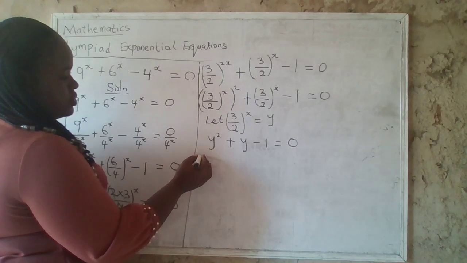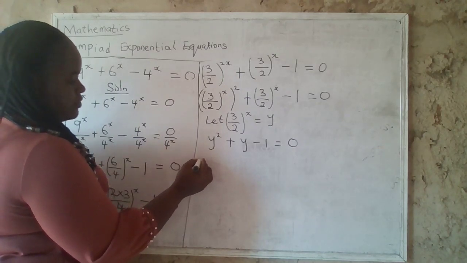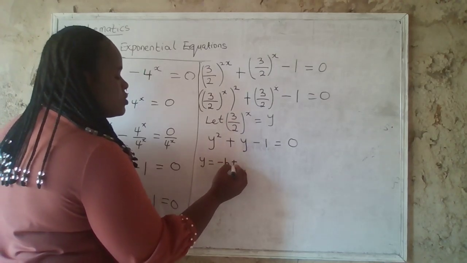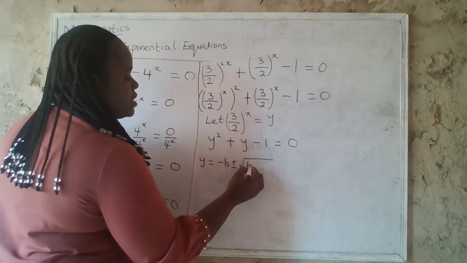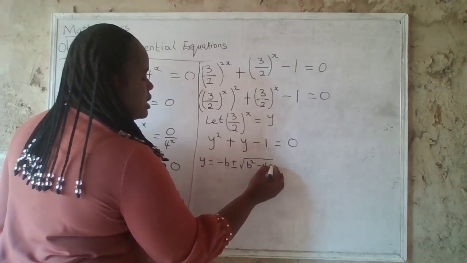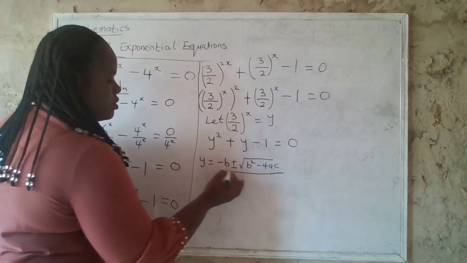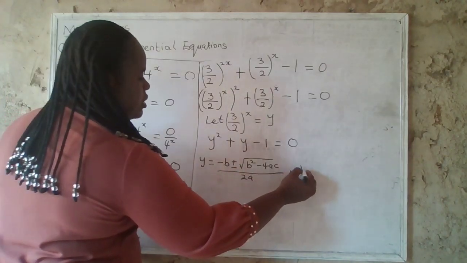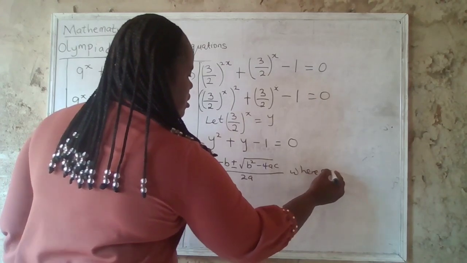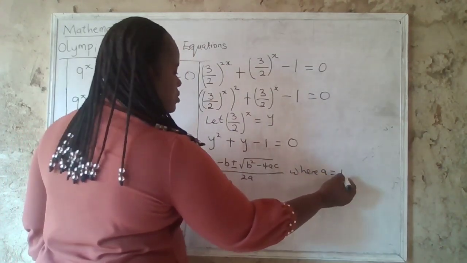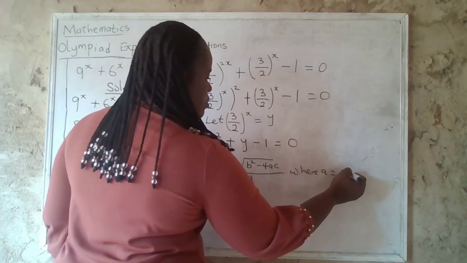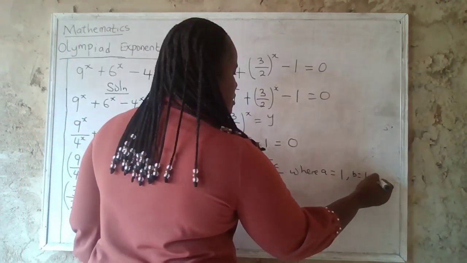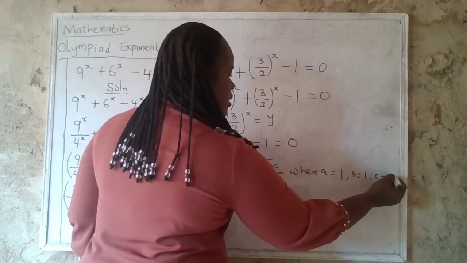If we decide to use the formula method, we'll have that y is going to be equal to minus b plus or minus square root of b squared minus 4ac all over 2a, where our a is equal to 1, coefficient of y squared, our b is equal to 1, coefficient of y, and our c is equal to minus 1.